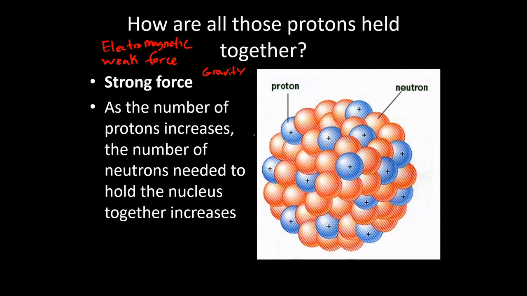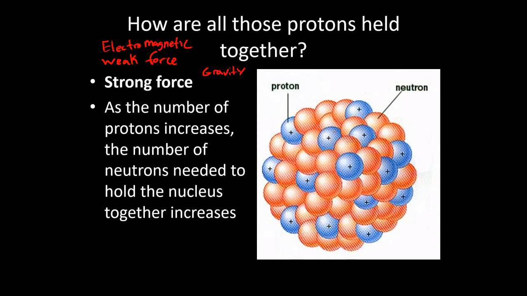So the strong force is what holds the nucleus together. The strong force is the glue that holds that nucleus together. But eventually, once you get past bismuth, I believe bismuth is the biggest one, if I remember correctly. Let me double check that real quick. Yeah, so bismuth, which has 83 protons, is the largest stable element.